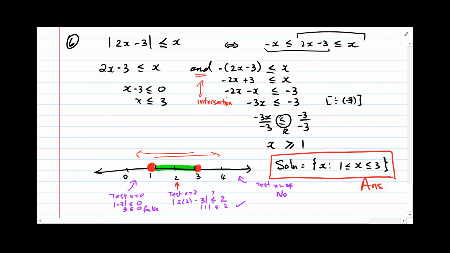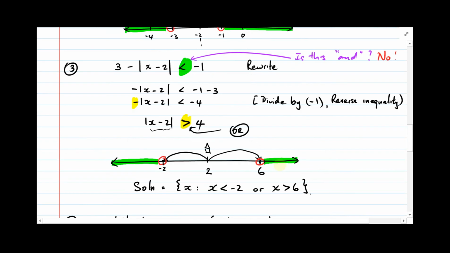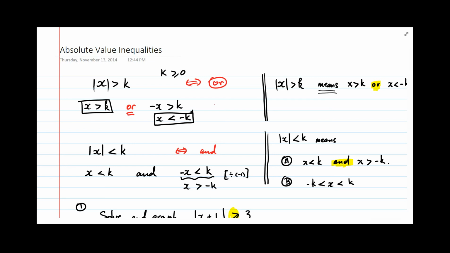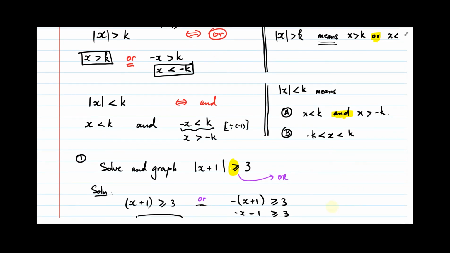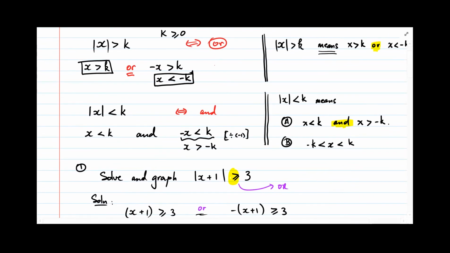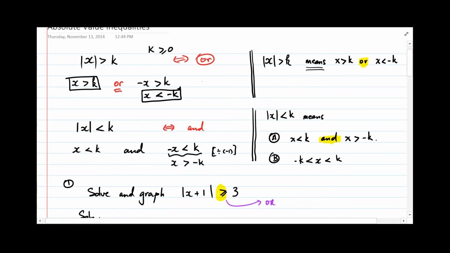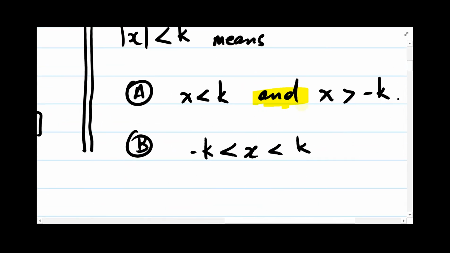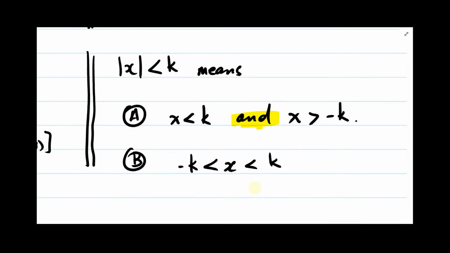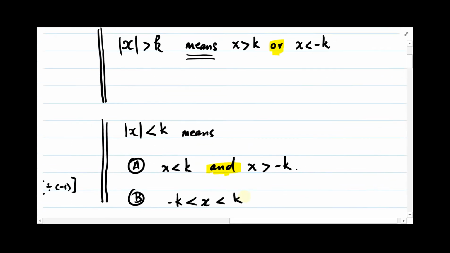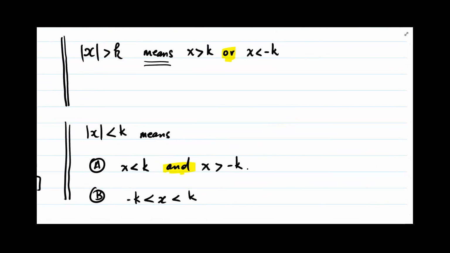Okay. So bear that in mind when you are working with your absolute values. If we go back, we can do things in a very simple way. That is, looking at the absolute value as shown here.